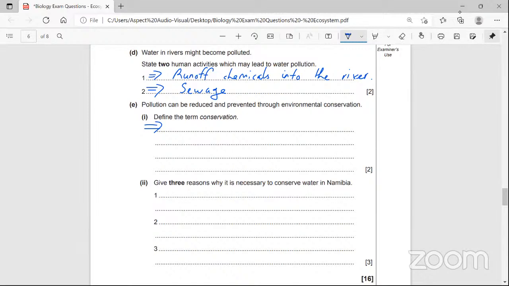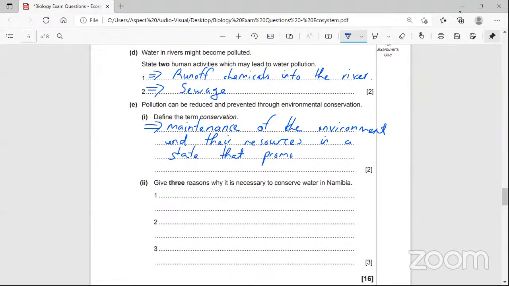It is the maintenance of the environment and natural resources in a state that promotes biodiversity.